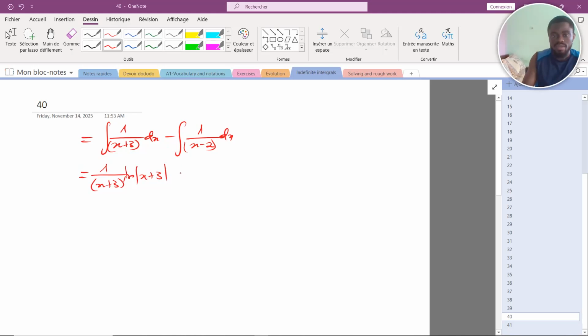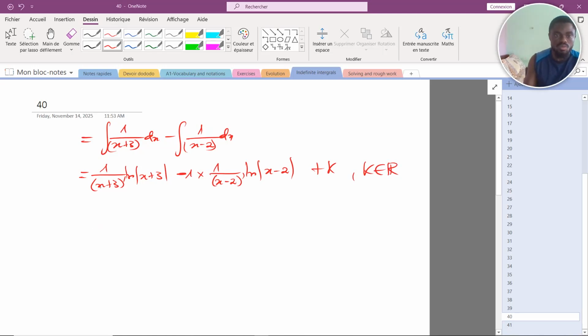Now minus 1 times the integral of this. The integral of this will be 1 all over 1 times ln of the absolute value of x minus 2 plus our constant of integration k belonging to R.